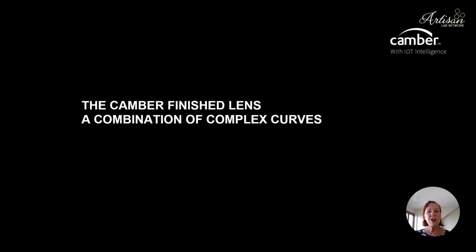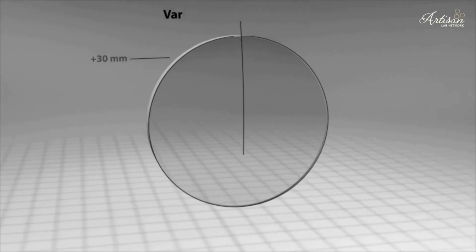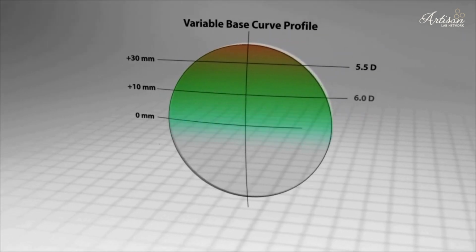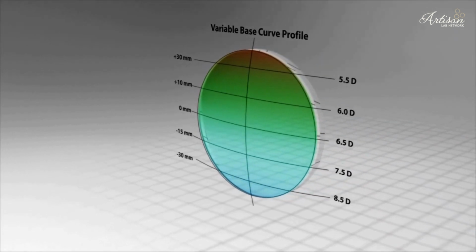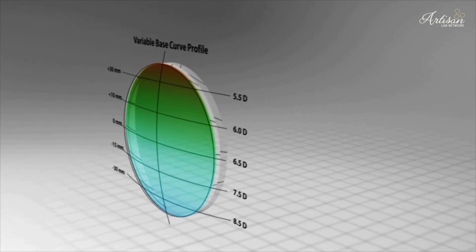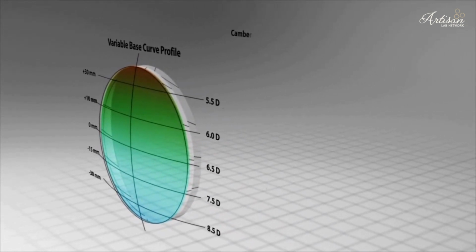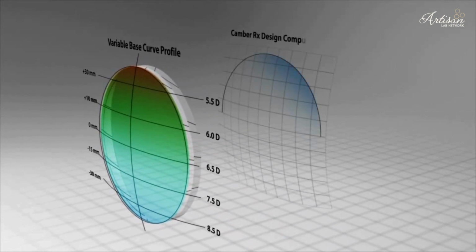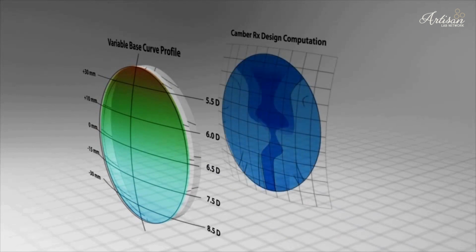Now we'll see a short video showing how the final camber prescription is made from the Camber blank and IOT freeform surfacing software. The Camber lens blank improves on the spherical lens blank by offering a continuously increasing base curve to better match the different powers in each zone of the finished progressive lens. The state-of-the-art digitally designed back surface of the lens is calculated in mutual accord with the unique progressive design.